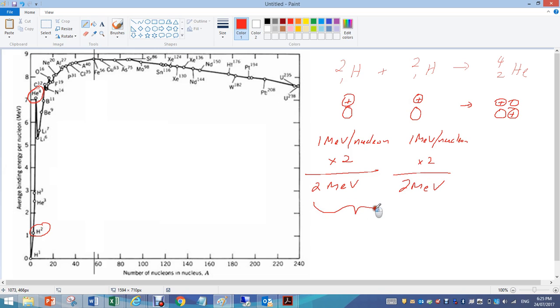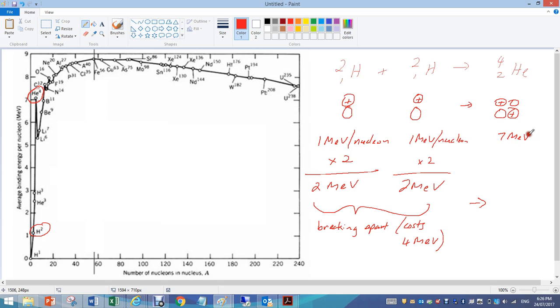So far, that was breaking apart, therefore cost energy. So 2 mega electron volts plus 2 mega electron volts costs us 4 mega electron volts to break these down so that we can join them back together to make helium. Now helium-4, with 4 nucleons, is about 7 mega electron volts per nucleon.